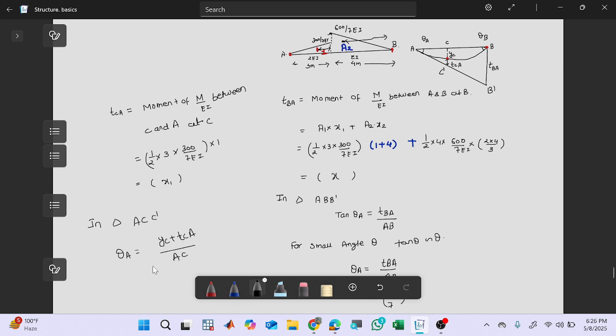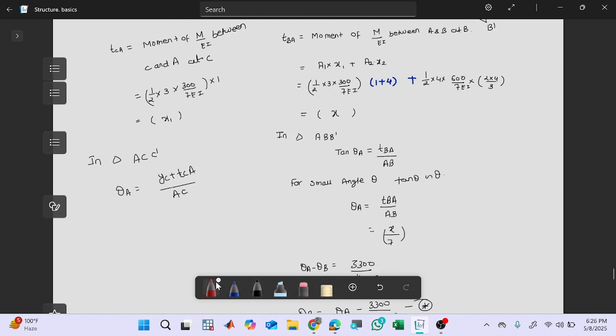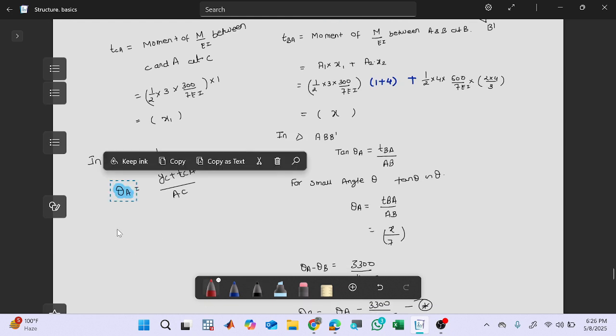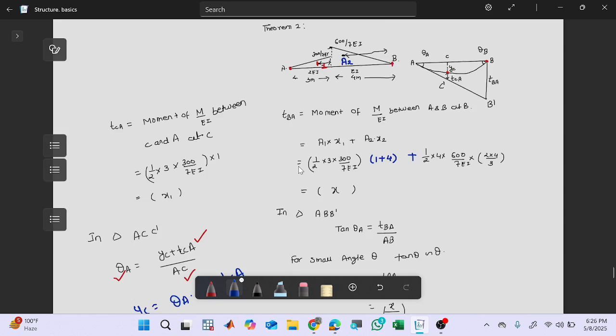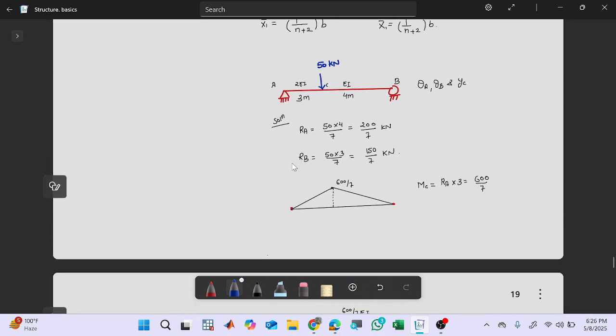Is there any issue? I know the value of theta A, I have calculated this. I know the value of TCA, I know the value of AC. So I can calculate YC. YC should be theta A into AC minus TCA. So this is how we can calculate the problem using the moment area method.